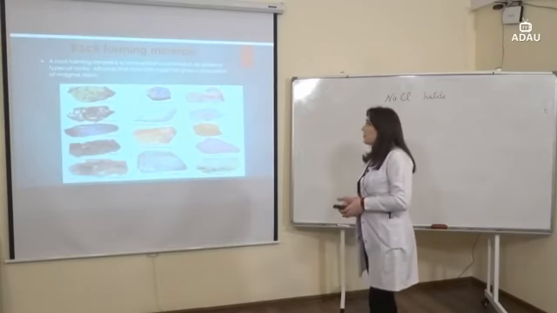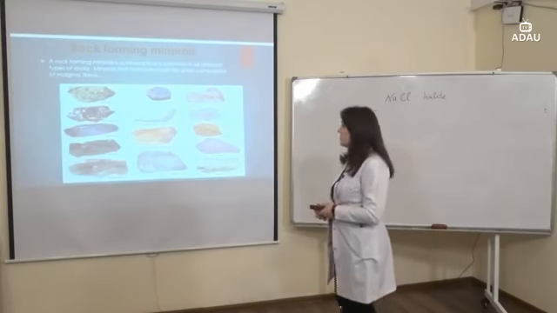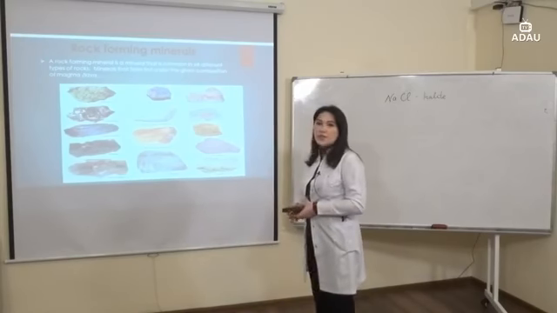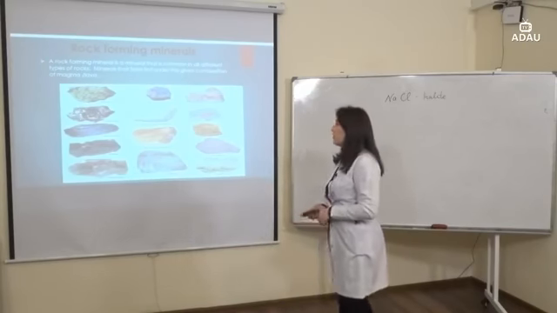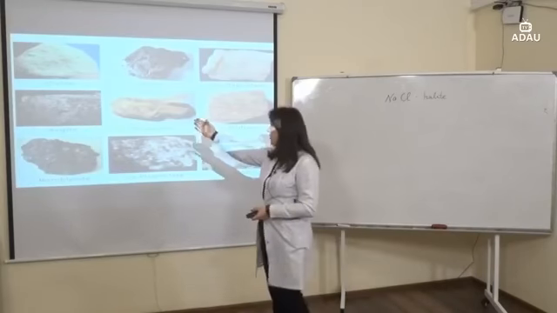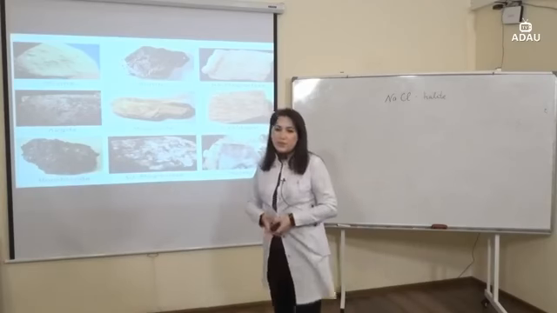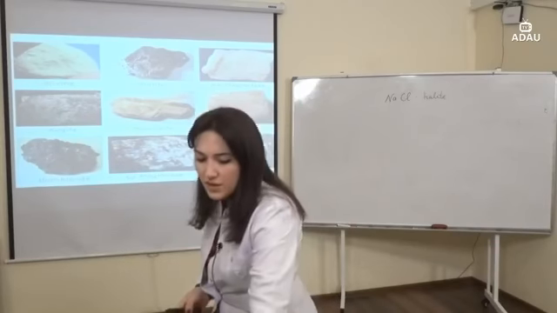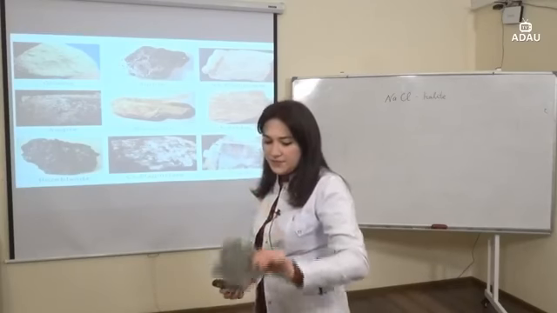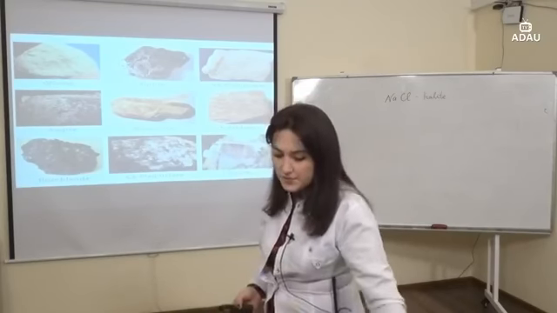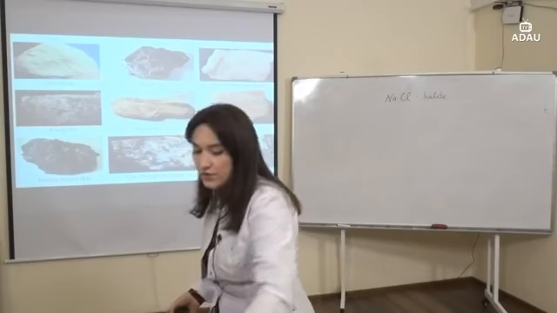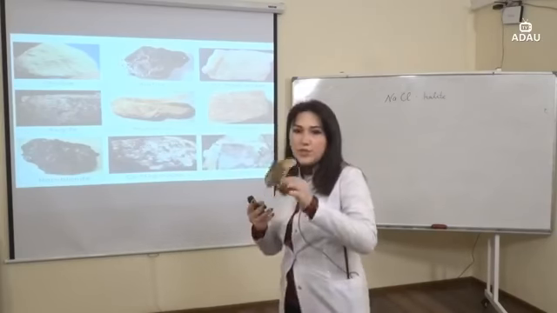Here are examples of rock-forming minerals. It's a picture of rock-forming minerals. Just about 50 minerals are rock-forming minerals. Olivine, biotite, here the biotite. It's a rock-forming mineral. It's a silicate group mineral, and also muscovite, also a silicate group mineral.